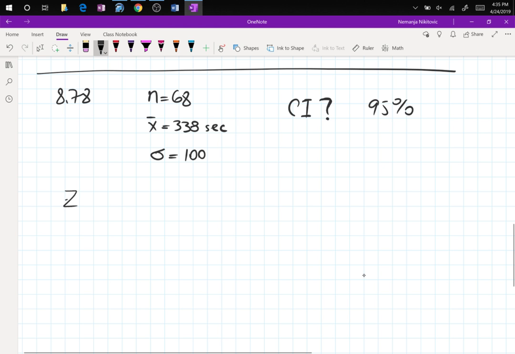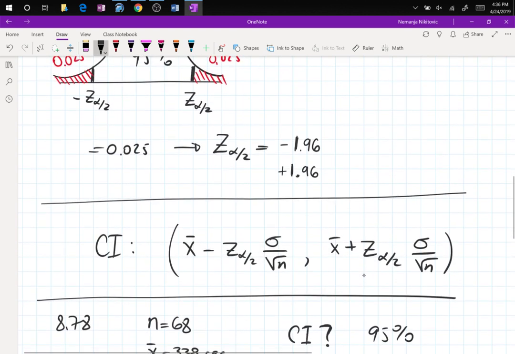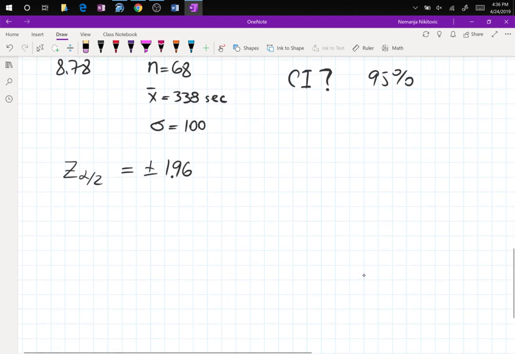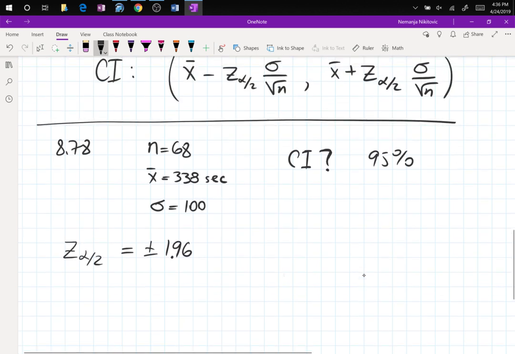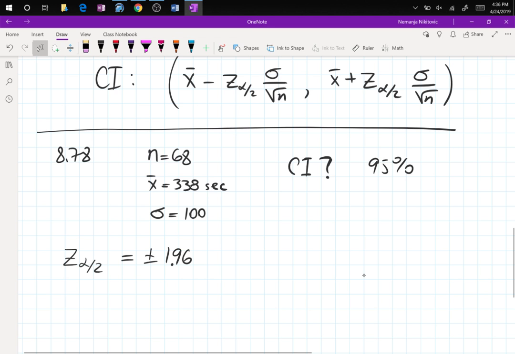Well, we first find z alpha over 2, and we did that before, so we know it's plus minus 1.96. We found that by using the z-score chart. Now I have the formula, which is this one, x bar with the z-score and so on.